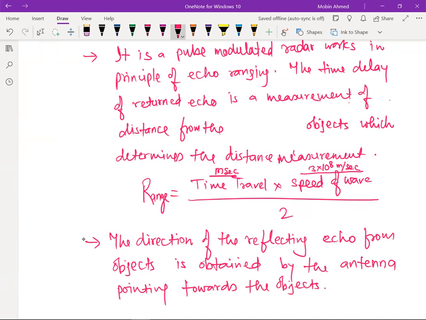So direction, how we are going to find? We are going to give the antenna data. Okay, so antenna data is antenna pointing towards the object. That data is given to the display unit.